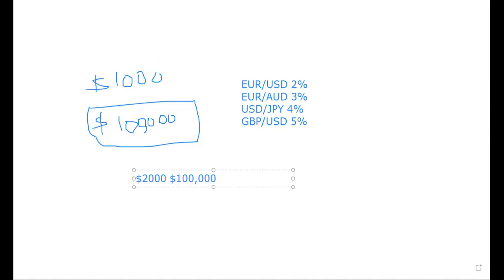It just requires 2% of the overall capital you want to trade. For Euro AUD, just 3%, USD JPY just 4%, and GBP USD, you only need just 5%. This is margin requirements, but that is not where we are going to. I just want you to understand what this is all about.